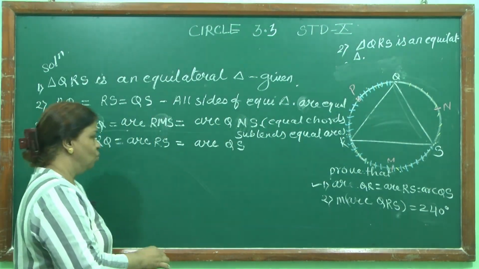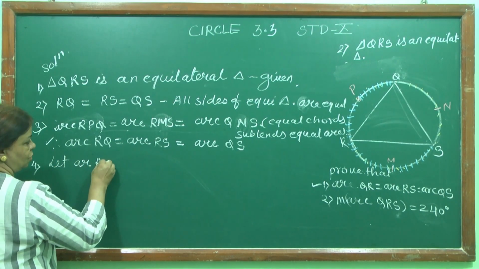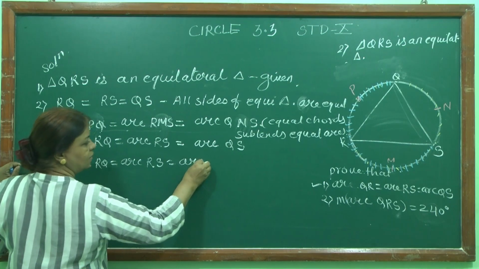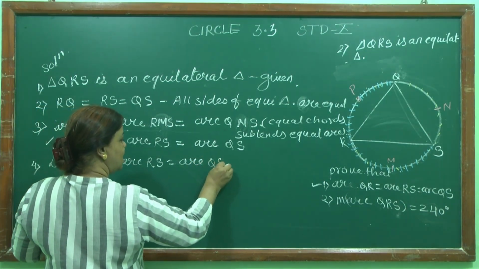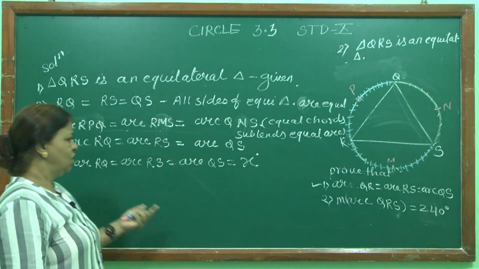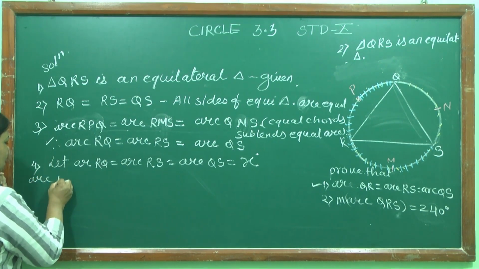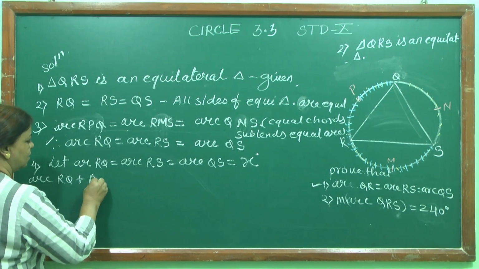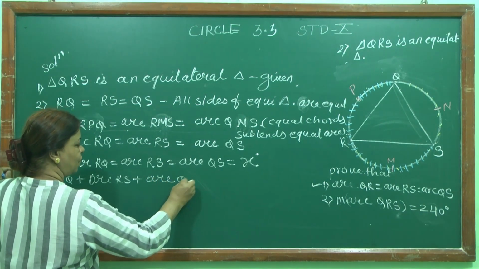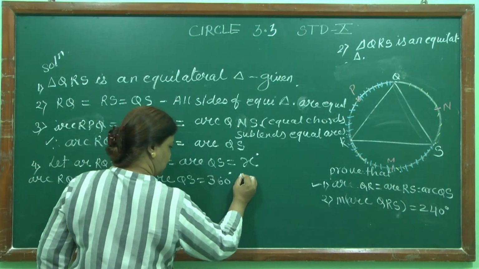So let us assume arc RQ is equal to arc RS is equal to arc QS be x. If we are assuming all of them as x, then by arc addition property, let me write down arc RQ plus arc RS plus arc QS is equal to 360 degrees. This is the complete circle.